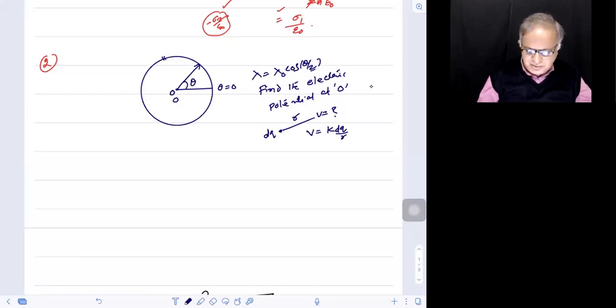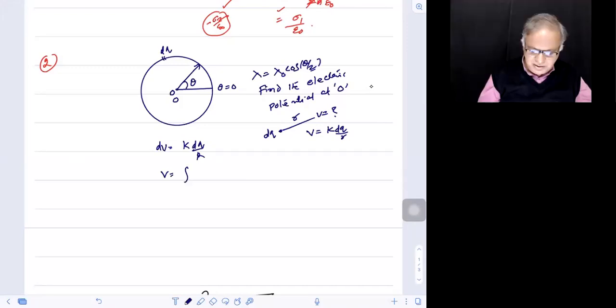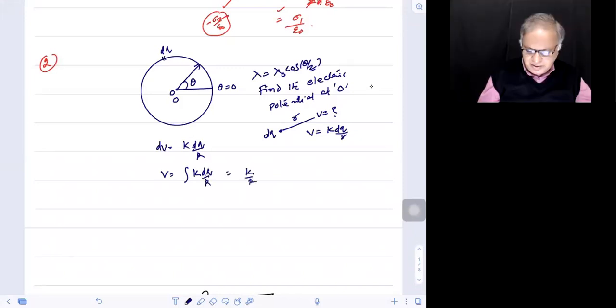So dv due to a dq charge is k dq by R, capital R. And the total V of all the small charges on the ring is the integral of k dq by R, which is k by R times the integral of dq.